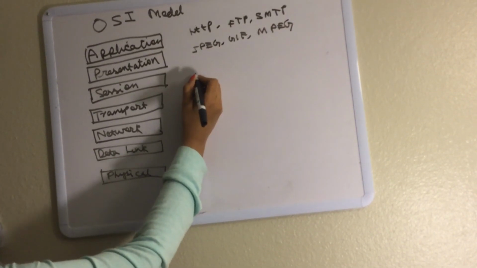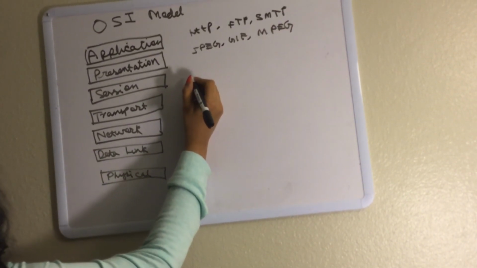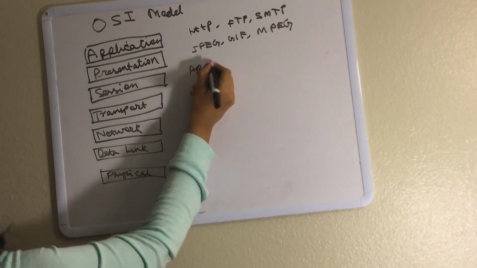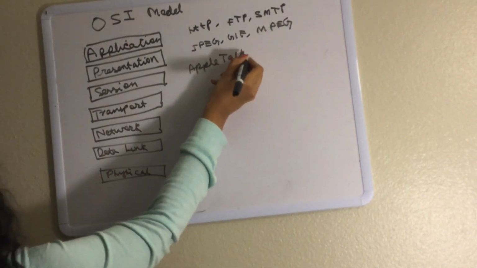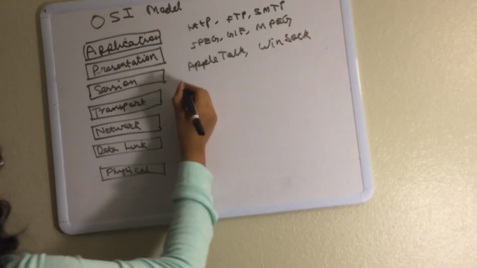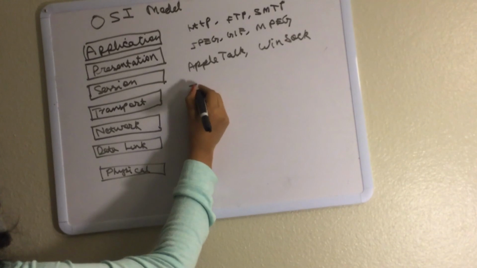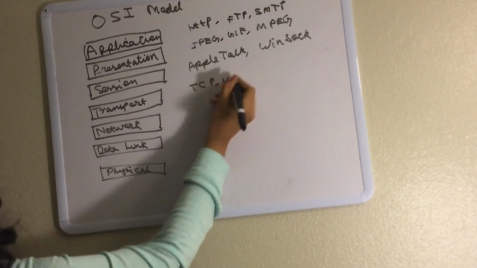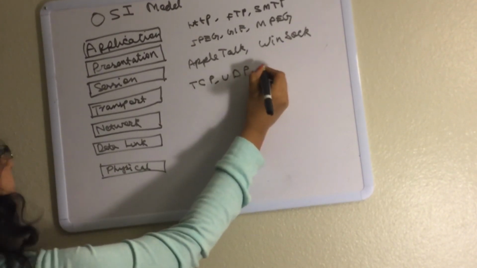The session layer consists of apps like AppleTalk, Beanstalk. The transport layer uses protocols such as TCP, UDP, and SPX.